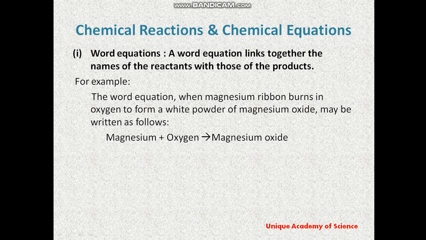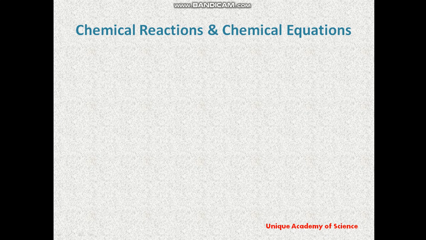So magnesium and oxygen are written as reactants, whereas magnesium oxide powder is the product. This is known as a word equation. Why? Because here we write words. On the left side we write the reactants, whereas the right side has the products.